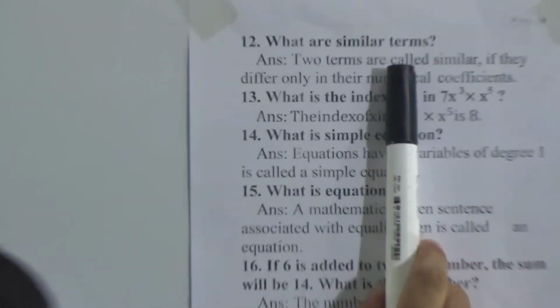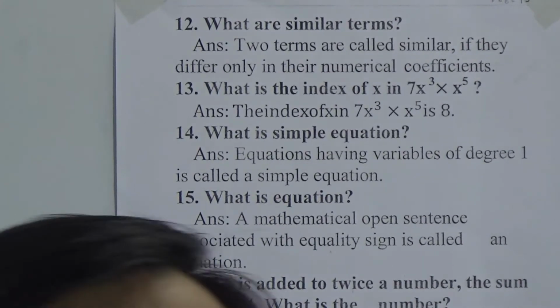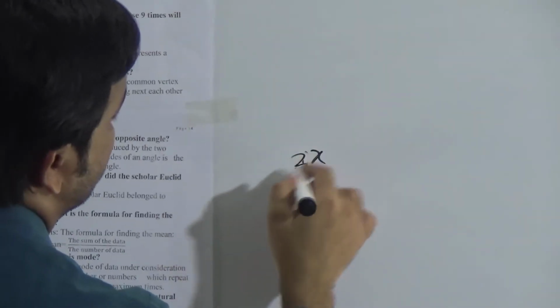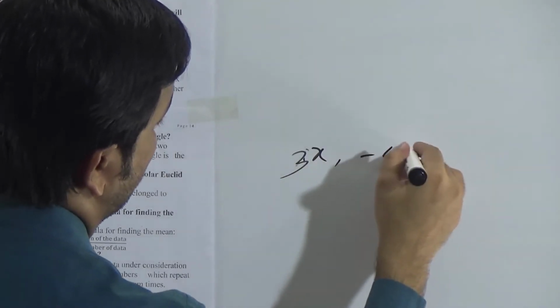Now go to the next question, 12. What are similar terms? Dear students, 2 terms are said to be similar if they differ only in their numerical coefficient. Suppose I am writing here an expression 3x minus 4x.